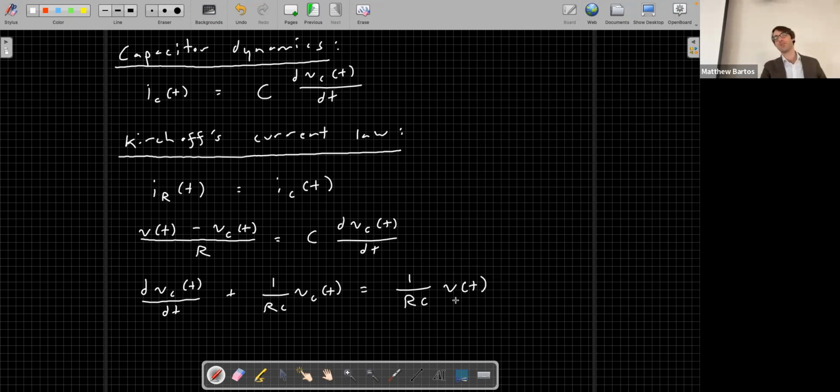Here V(t) is the input to our system, the input voltage, and V_C(t) is the output, which is the voltage across the capacitor. So we have an expression for our dynamical system.